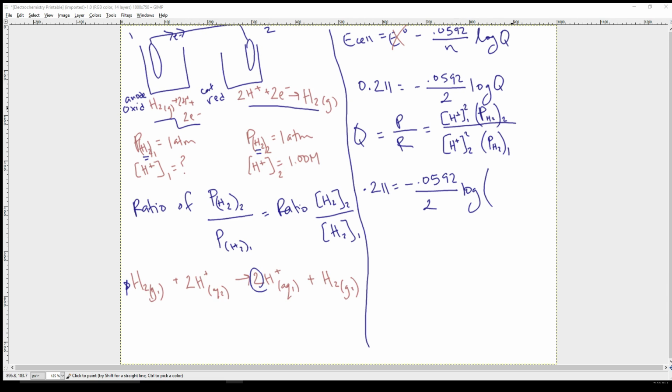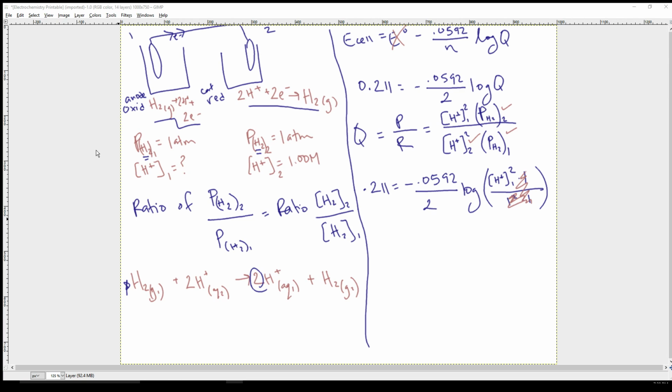We know this one, and this one, and we're solving for the leftover. So the hydrogen ion concentration in cell 1 squared times 1 over 1 squared times 1. Okay, well those are all 1s, so forget that.